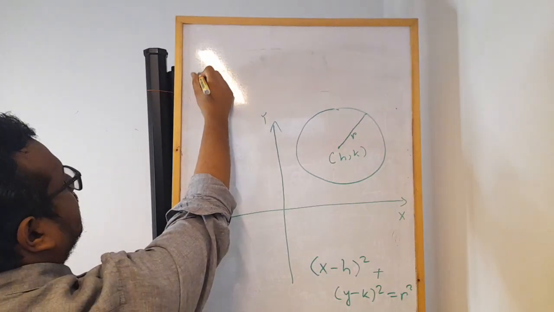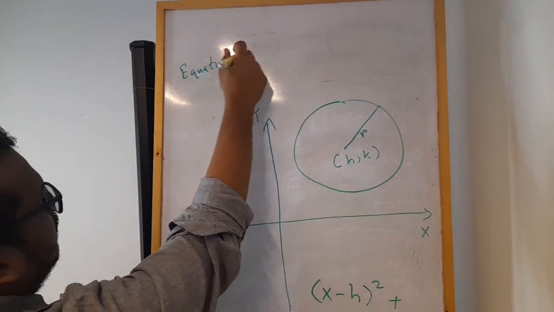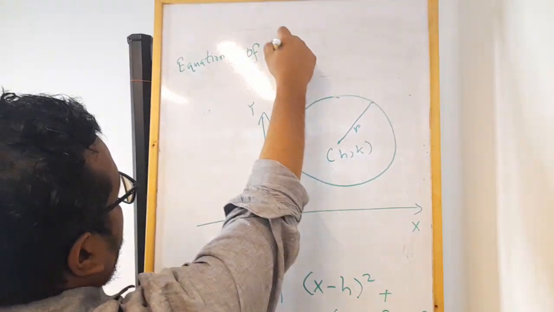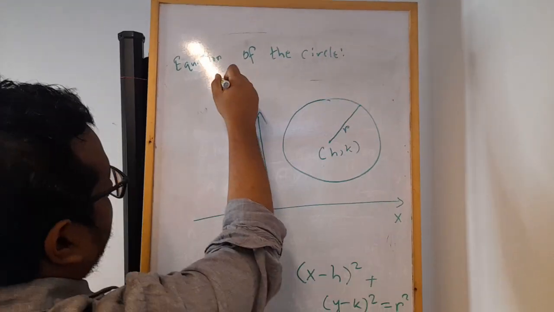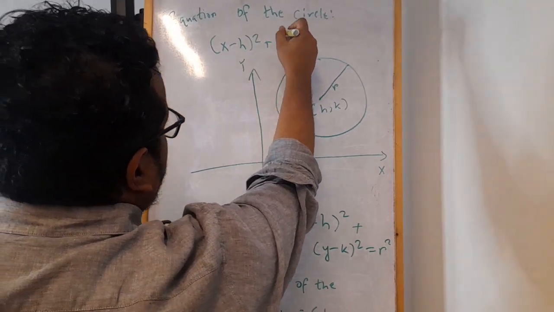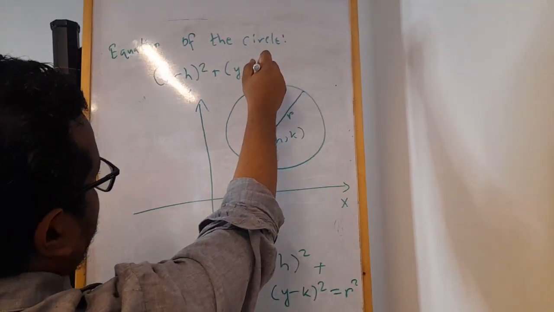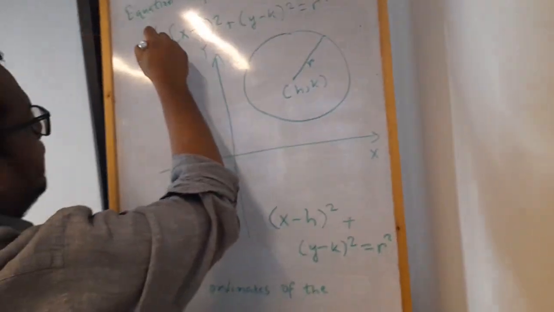The equation of the circle would be (x minus h) square plus (y minus k) square equals r square.